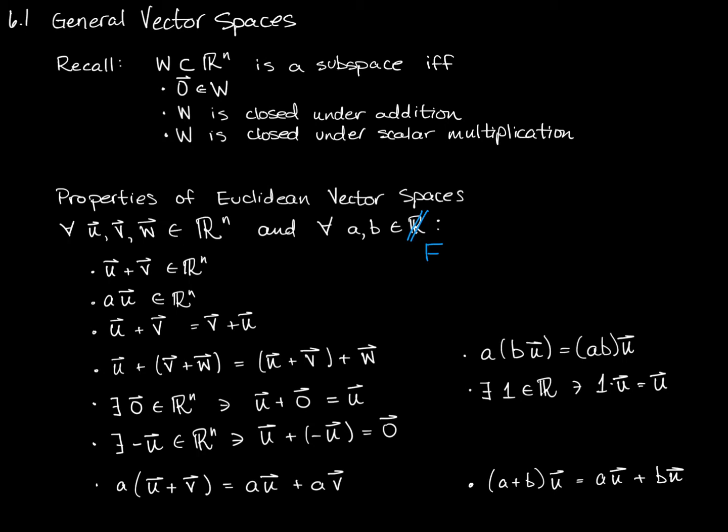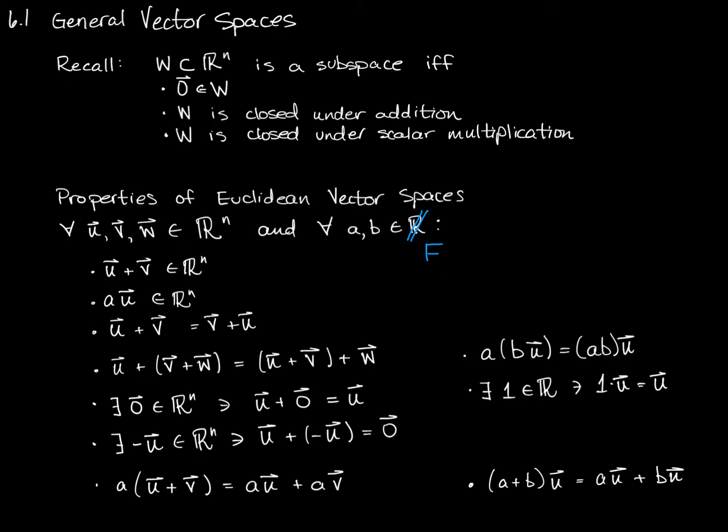But instead of specifying the real numbers, we can just say it's a field, some field. So that is what this indication means: it's a vector space V over a field F. When we say it's over a field F, it means that's where we're going to be pulling our scalars from. Probably it's going to be the real numbers, but not necessarily.